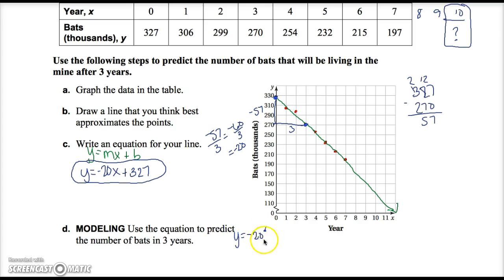We have negative 20 times 10 plus 327. So we have negative 200 plus 327, and that would give us 127. Remember, that was in the thousands. Bats at that 10-year mark.